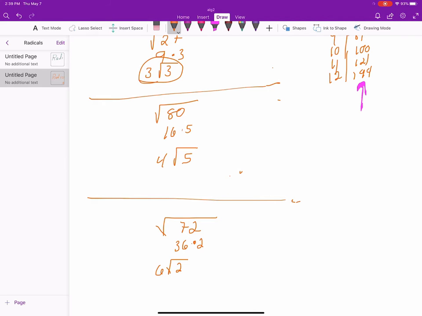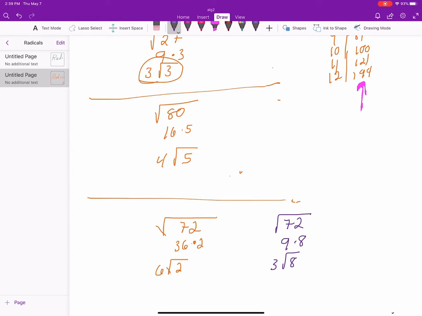So what would have happened if we didn't find 36 and we said, I'm going to go with 9 and I'm going to go with 8? After all, 9 is a perfect square. So if we square root the 9, because we can, that's a 3, and the 8 stays inside.